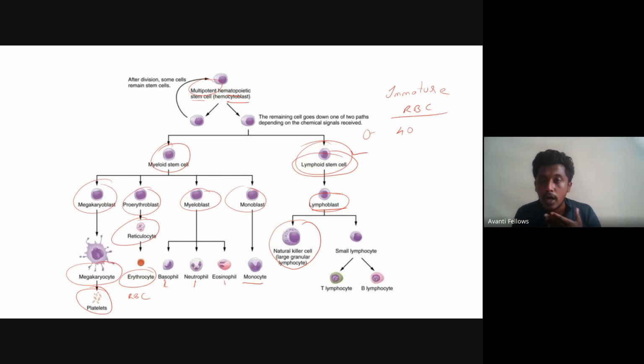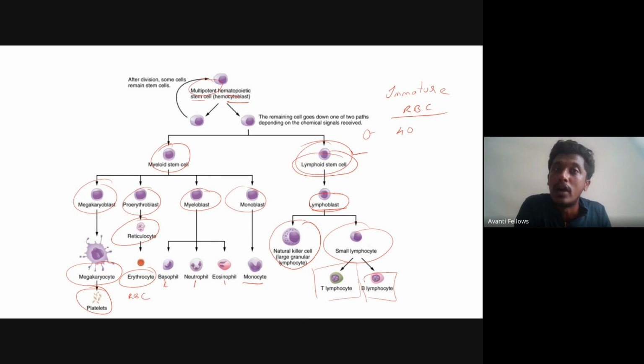No. When you talk about lymphoid stem cells, you have to give credit to the lymphoid stem cells for forming natural killer cells. And finally, the other cells, small lymphocytes, will eventually divide into two important cells, T lymphocytes and B lymphocytes. Got it? So if I ask what we get from lymphoid stem cells, you tell natural killer cells, T lymphocytes, B lymphocytes: T, B, and NKC.